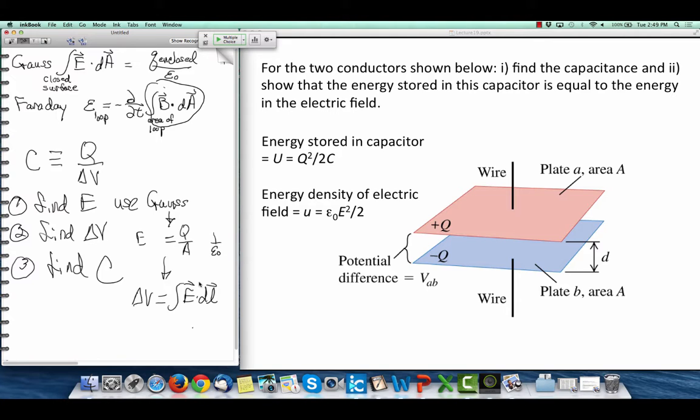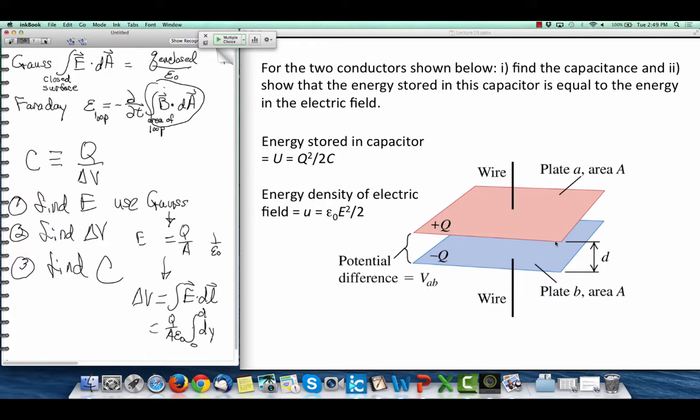From that electric field, Q over A epsilon zero, that's just a constant in between those two plates. Let's just call that dy from 0 to d, just in between those two plates. If I call this vertical axis the y direction, then the electric field is only non-zero in between those two plates, from y equals 0 to y equals d.